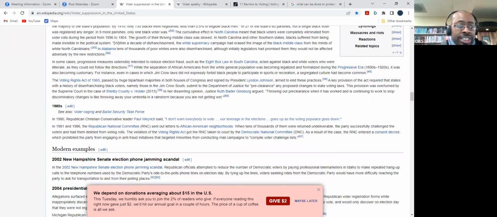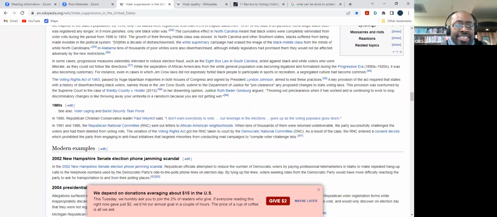Supposedly, all of that was solved when the Voting Rights Act of 1865 was passed, and it was signed by President Lyndon Johnson, which supposedly has ended these practices. This provision was overturned by the Supreme Court case of Shelby County versus Holder.